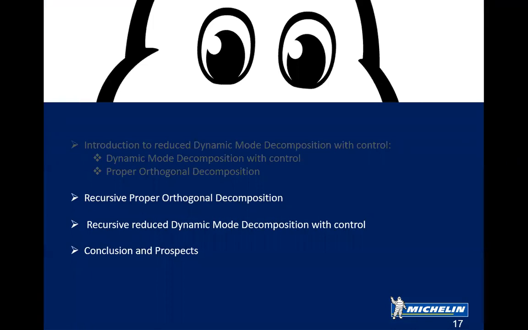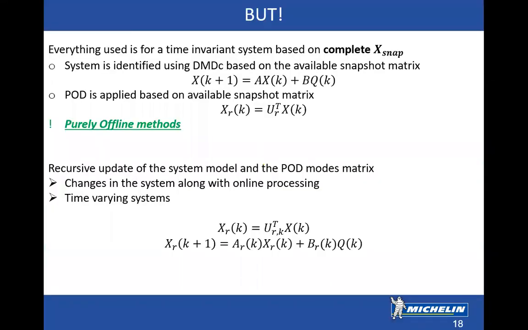So till now, I've explained the reduced dynamic mode decomposition with control, based on dynamic mode decomposition with control and proper orthogonal decomposition. It works very accurately on linear models, but it is not that accurate on nonlinear models. So for this, we will introduce the recursive proper orthogonal decomposition, and then afterwards, we will move to recursive reduced dynamic mode decomposition with control.